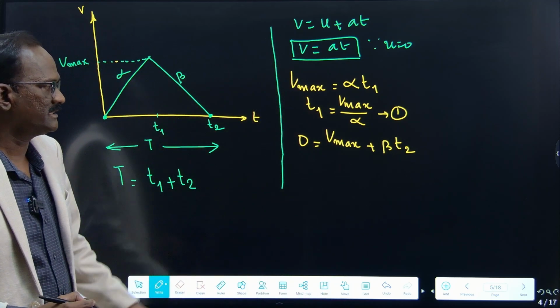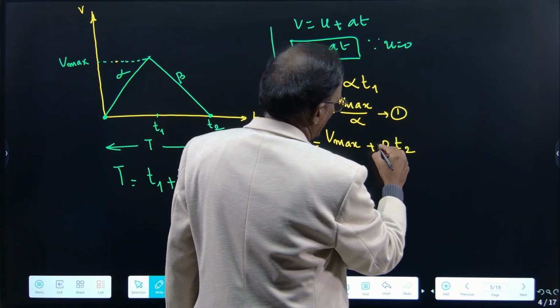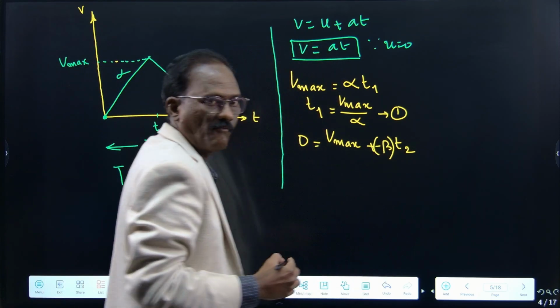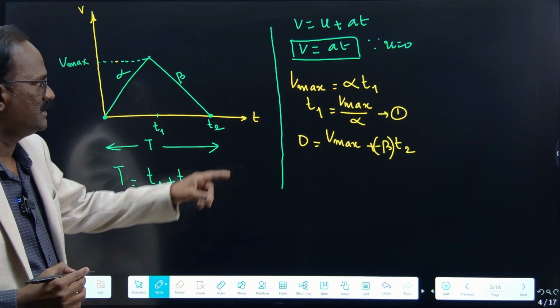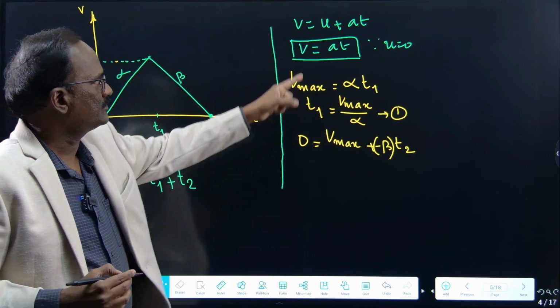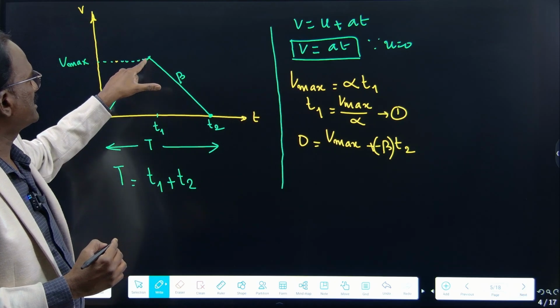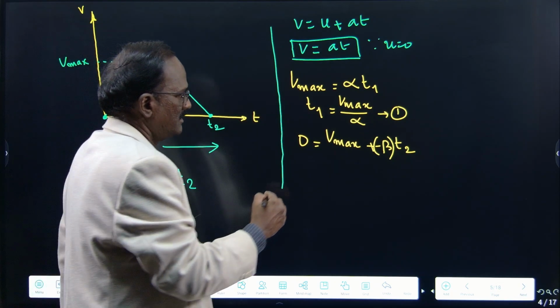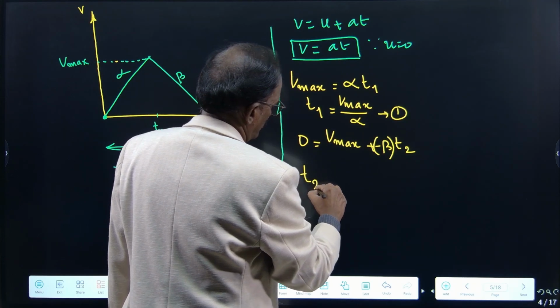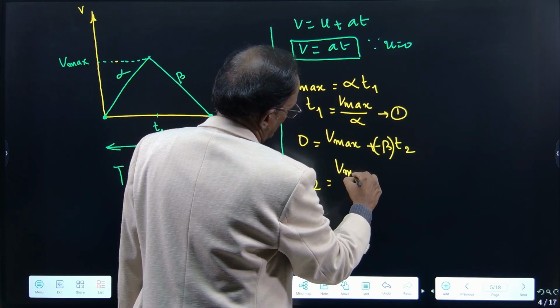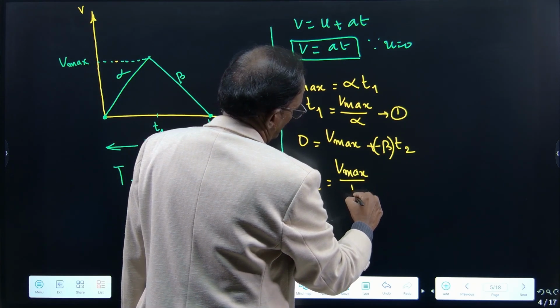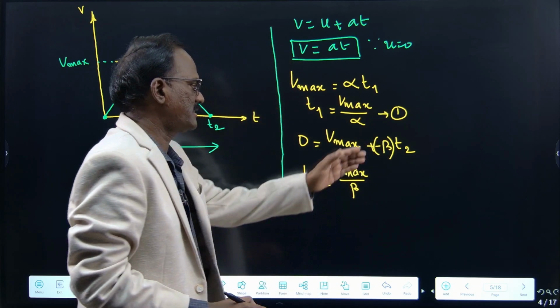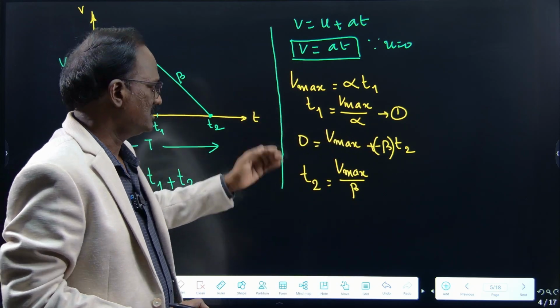Since it is deceleration, let me write it as minus beta. So V is equal to 0, U is equal to Vmax. This is the initial speed when the deceleration starts working. So T2 is equal to Vmax by beta. This is a minus sign, so you can take it to the left hand side.